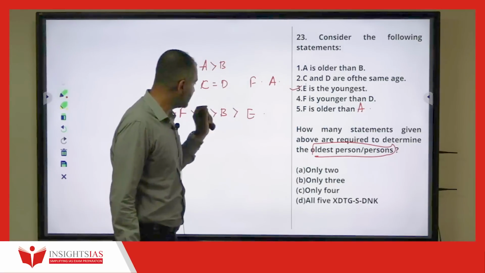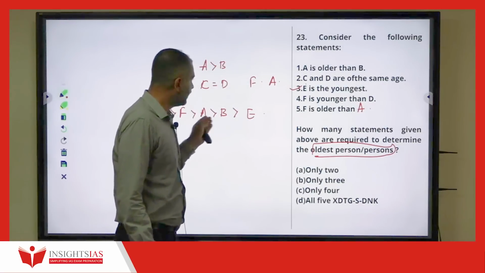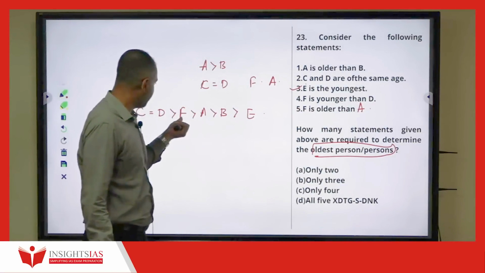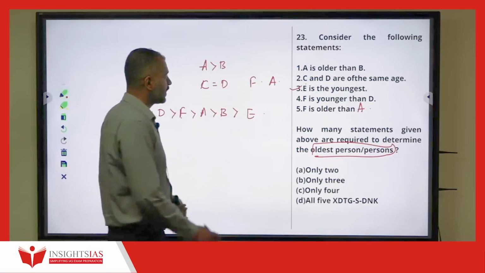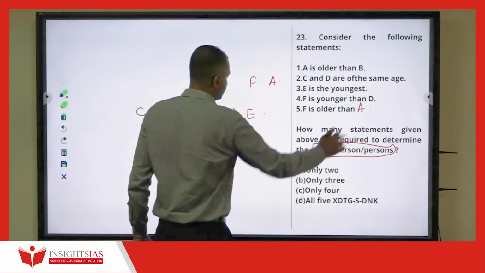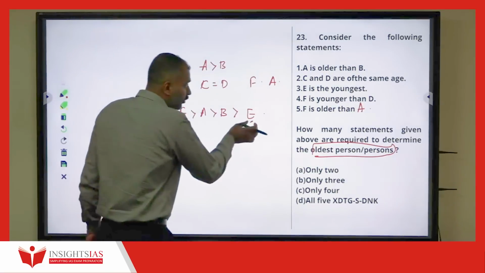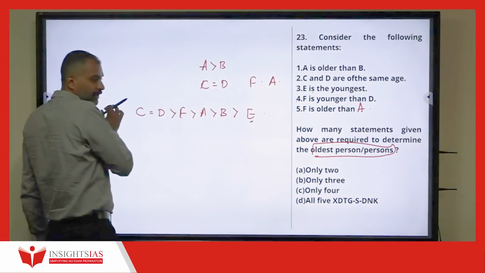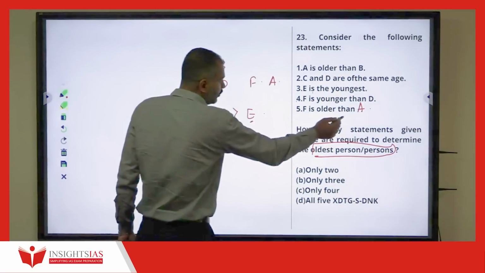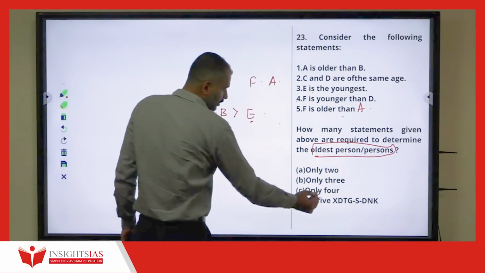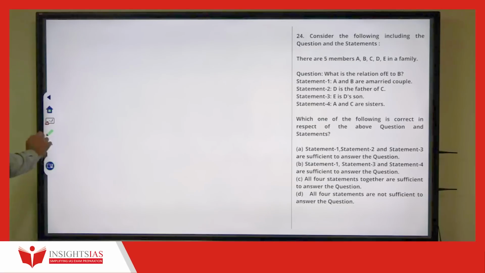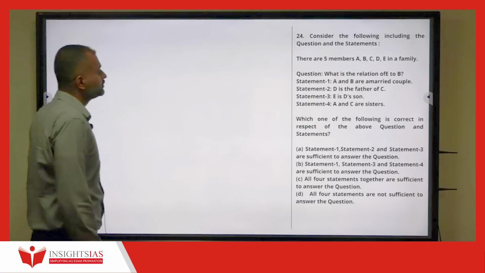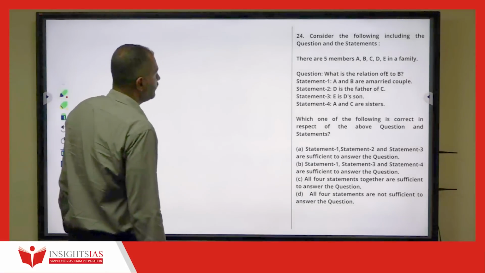To say that E is the youngest one, A and B come here, and F is older than A, so F comes here. E is the youngest means E comes here. If I don't give the statement that E is the youngest, then E can be anywhere here. E can also be the oldest. F is older than A, hence all 5 we need. What is the relation of E to B?